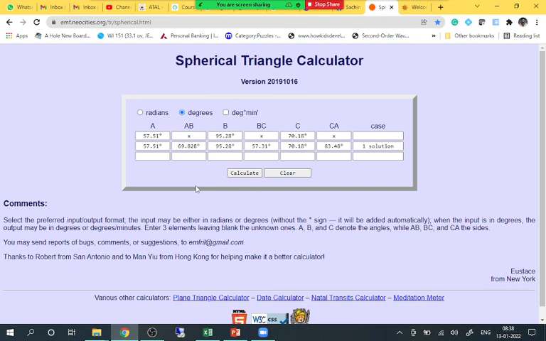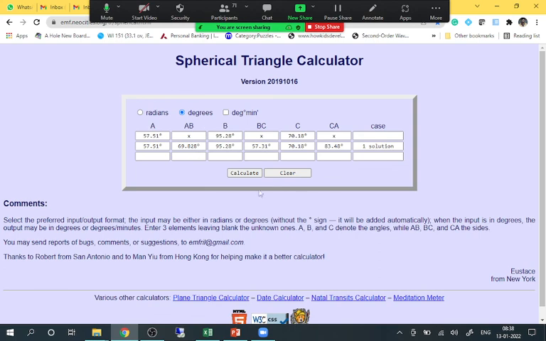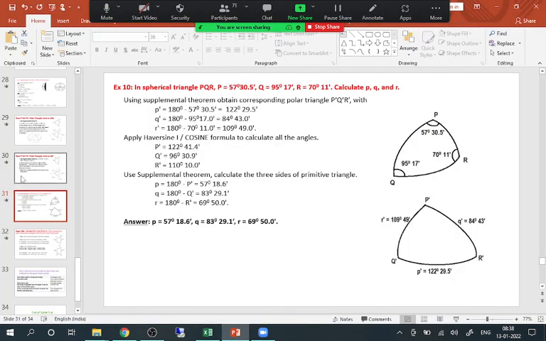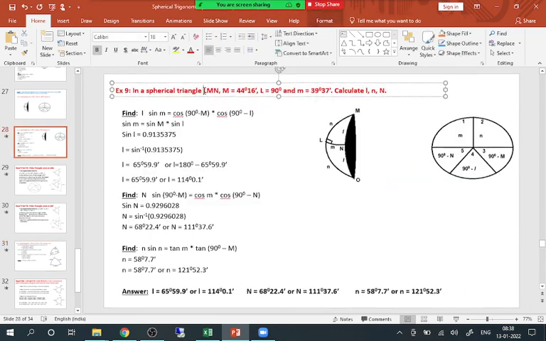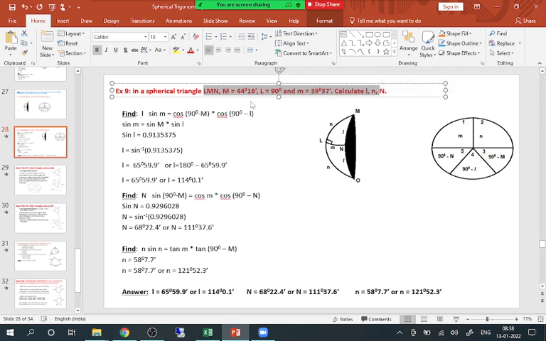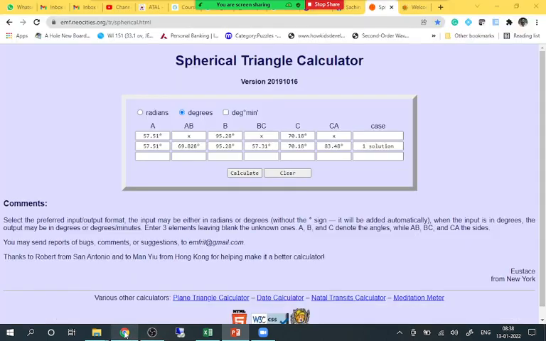Otherwise you are wasting your time on unnecessary calculation. But remember, if you enter the values of a triangle like capital M, capital L and small m, this calculator gives you two solutions, solution 1 and solution 2. Both solutions will be shown by the calculator.